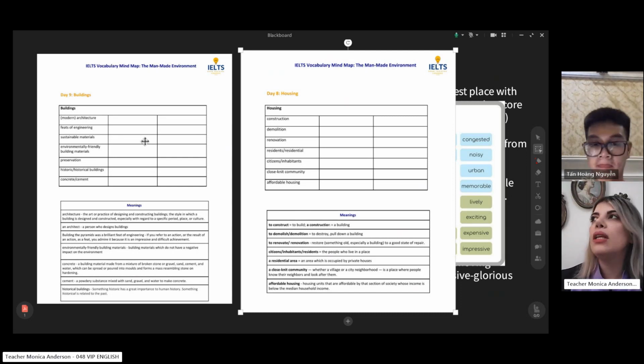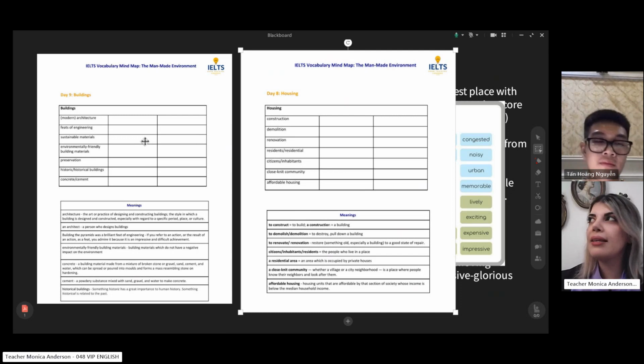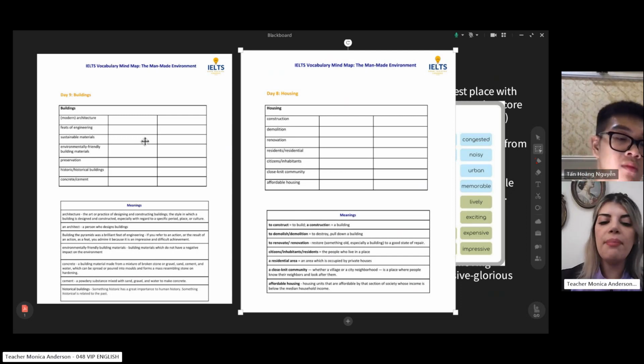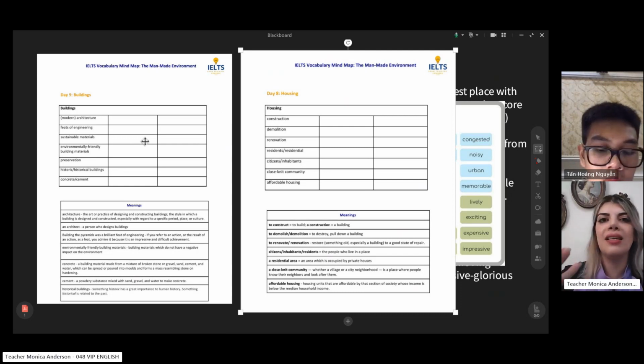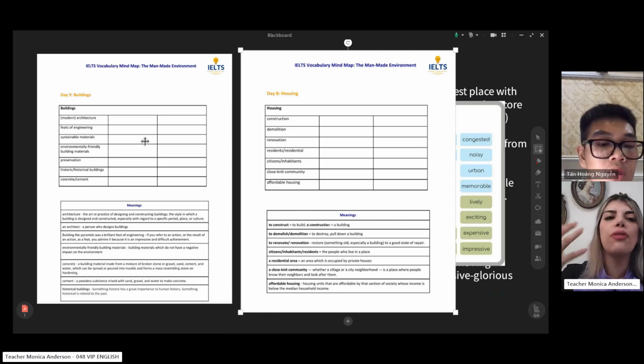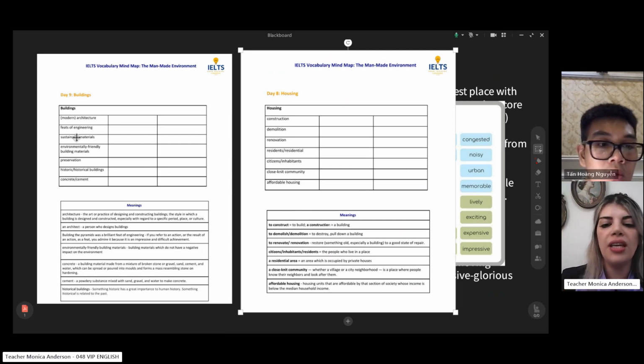For example, the Eiffel Tower can be an amazing feat of engineering. It means that you put your talents, your mind, your thought into making something like a masterpiece, something amazing. This is feats of engineering.